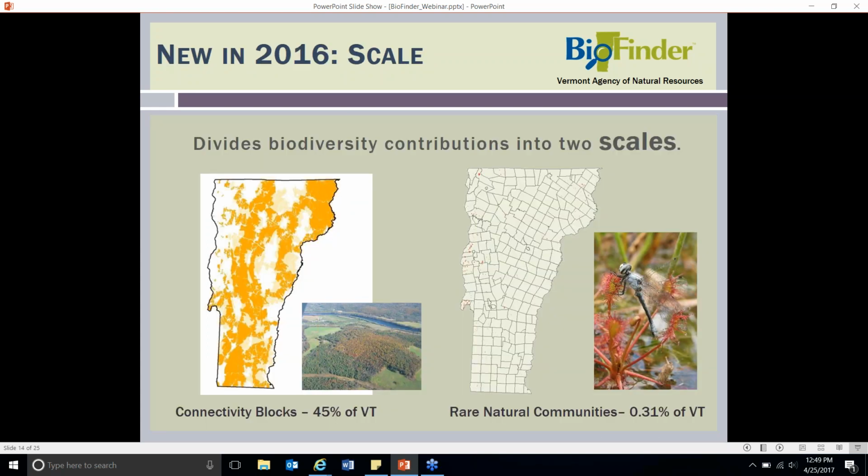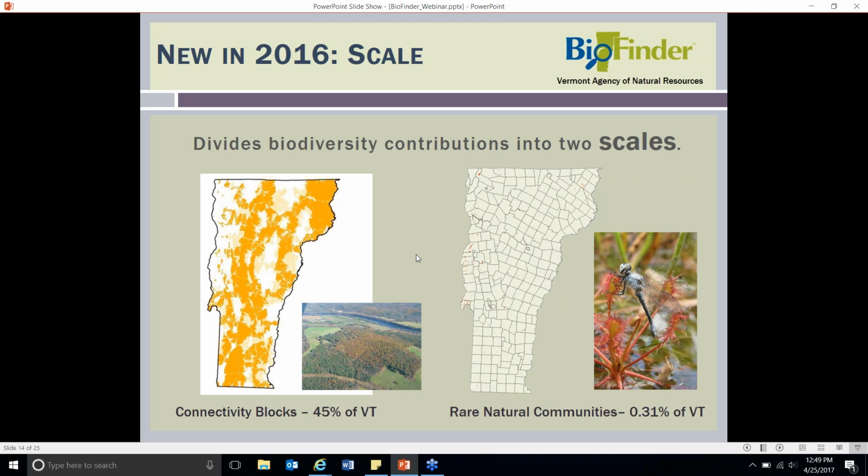So what we're really doing in this new version of BioFinder is dividing all of these important features of biodiversity into two scales. So on the one hand, we're looking at things like connectivity blocks. That's how all of our forests and natural lands connect across the whole state.